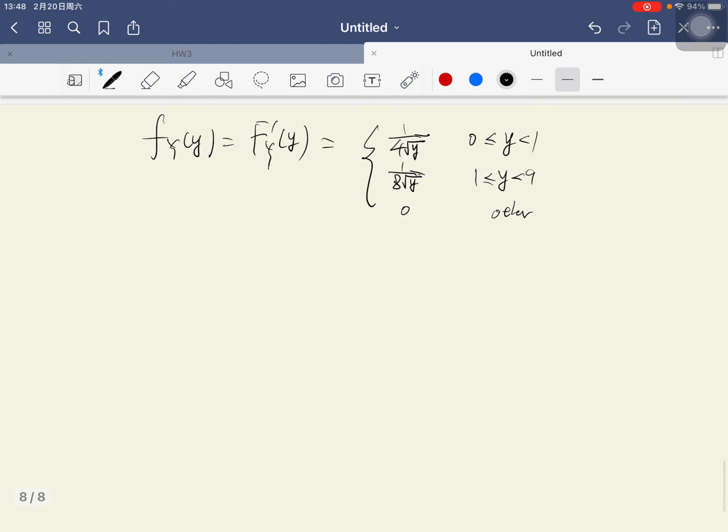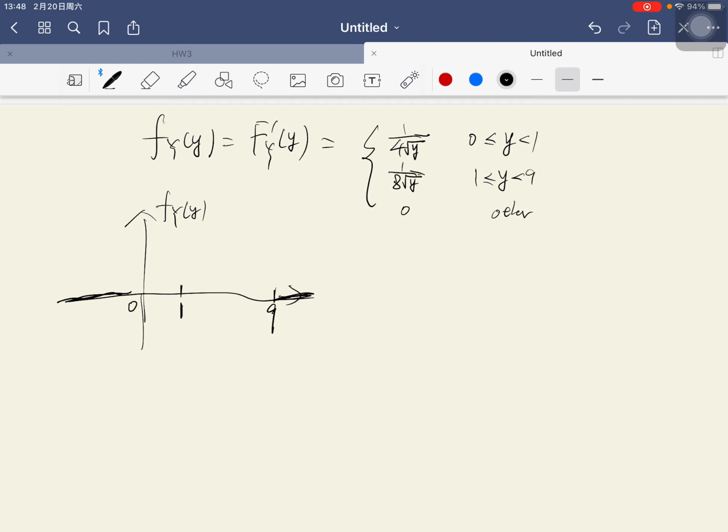And we could draw the graph of the density function of Y from 0 to 9, and for other y's it is 0.